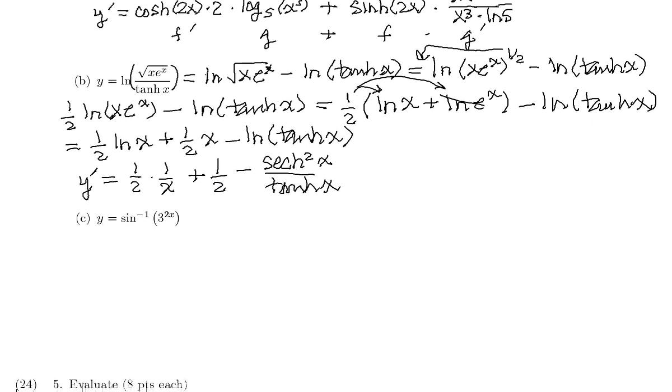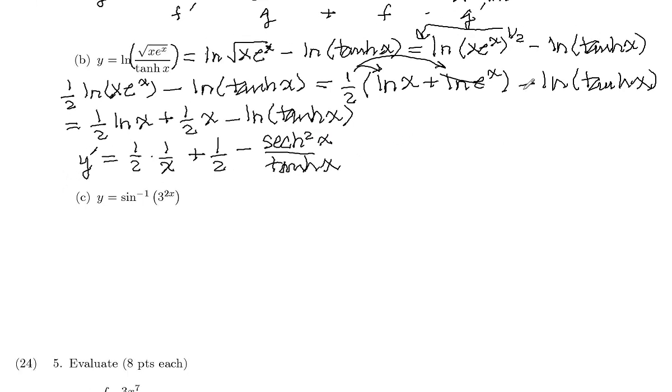And then our last derivative here is inverse sine of 3 to the 2x power. So this is inverse sine of a function, so we are going to have to use the chain rule here. Okay, so this looks like an f of g of x.